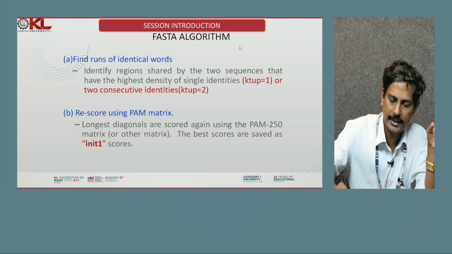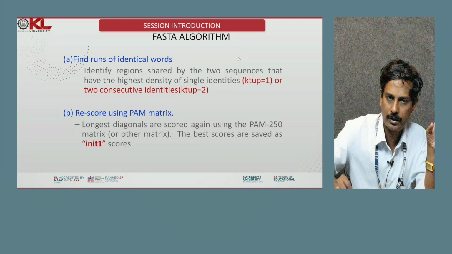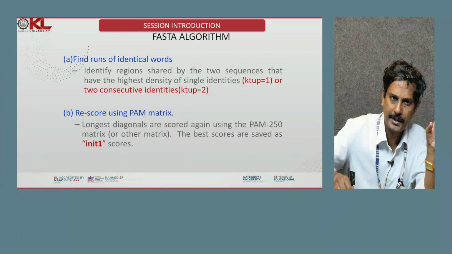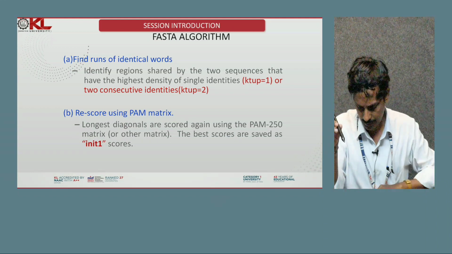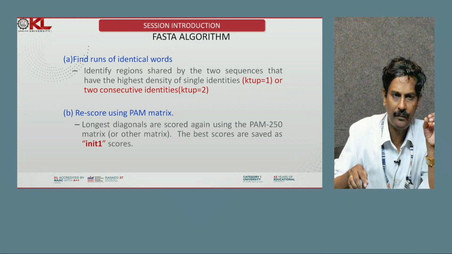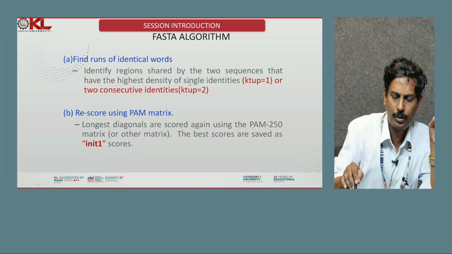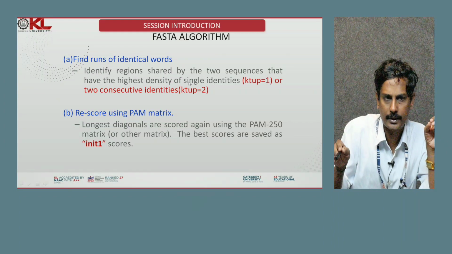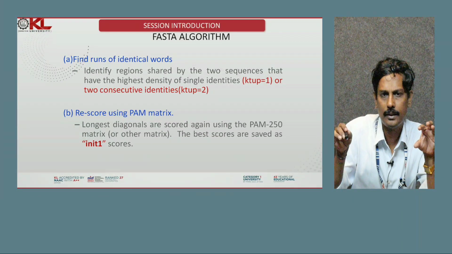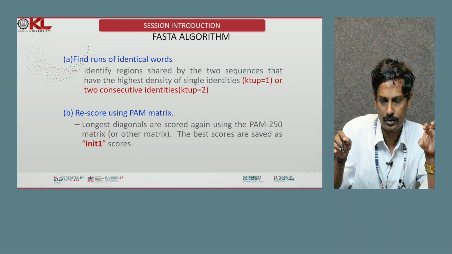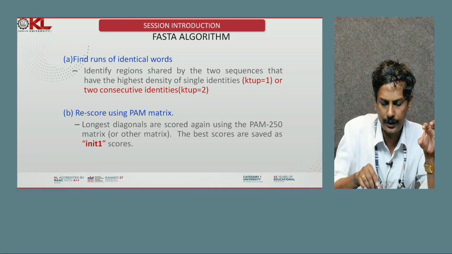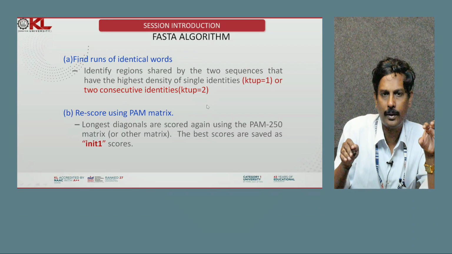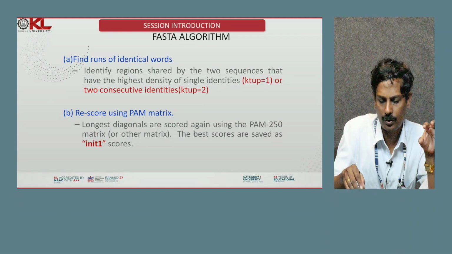For example, ACGT is the first sequence, then CGTA is the second sequence. How to identify the similarity position in those sequences? Here we identify regions shared by the two sequences that have the highest similarity or identity, or two consecutive identities, which means k-tuple equal to 2.